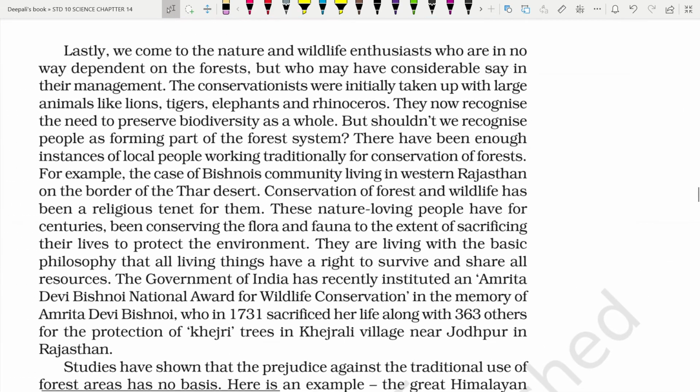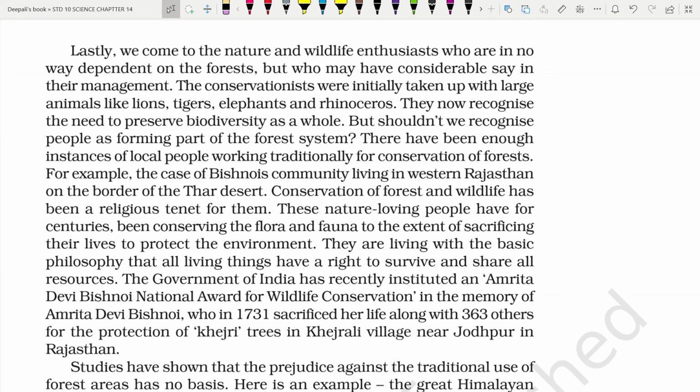So now lastly we come to the nature and wildlife enthusiasts who are in no way dependent on the forest but who may also have a considerable say in their management. The conservationists were initially taken up with large animals like lion, tiger, elephant and rhinos, and various projects were put forth for their protection and to stop them from becoming extinct.